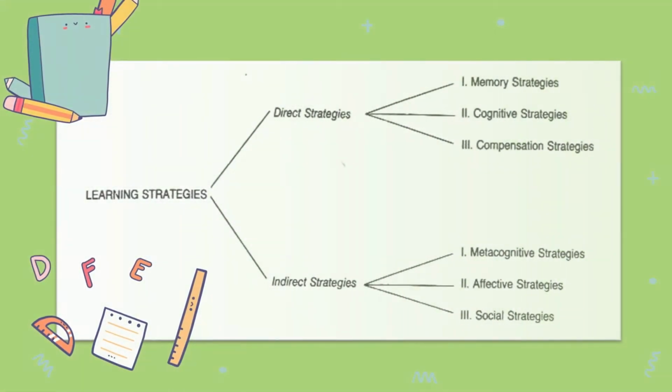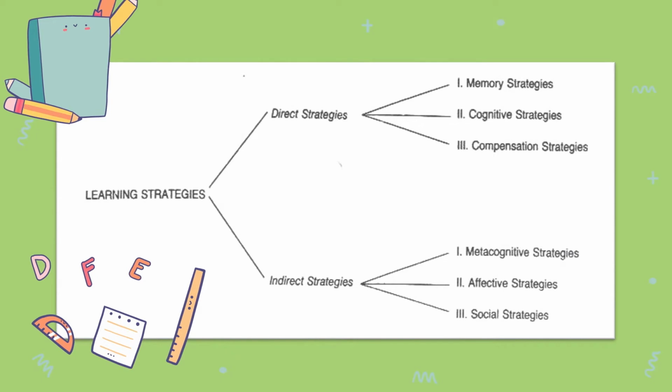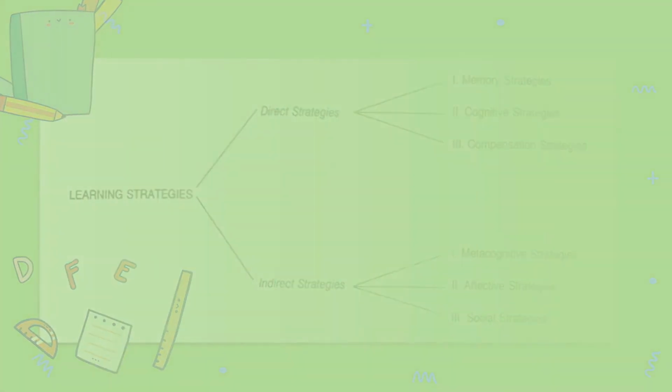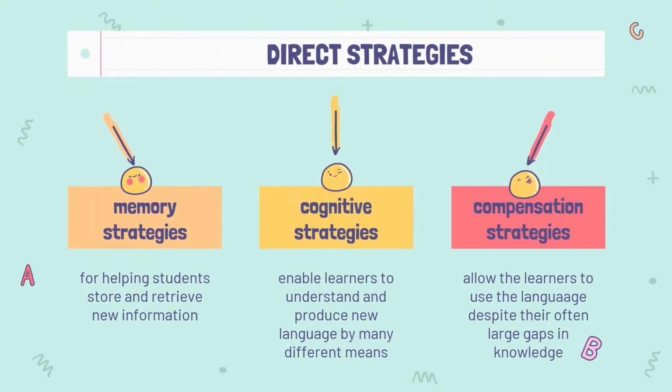These 2 classes are subdivided into a total of 6 groups. Those are memory, cognitive, and compensation under the direct class, metacognitive, affective, and social under the indirect class. Let's start the discussion about direct strategies.